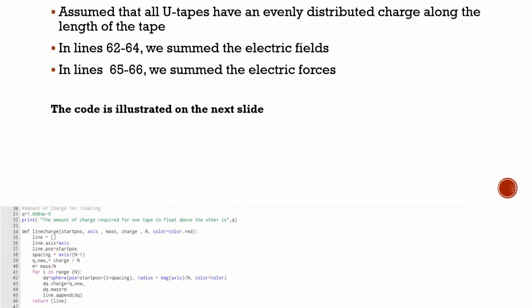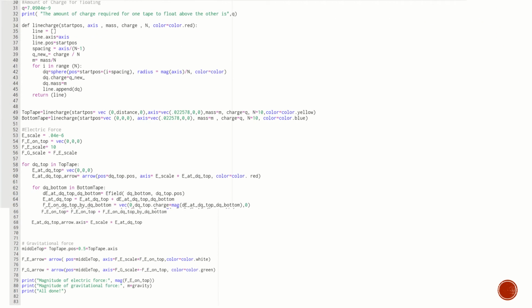This is important to note. As we can see in these lines, we first sum the electric fields and then we sum the electric force to find the net electric force.